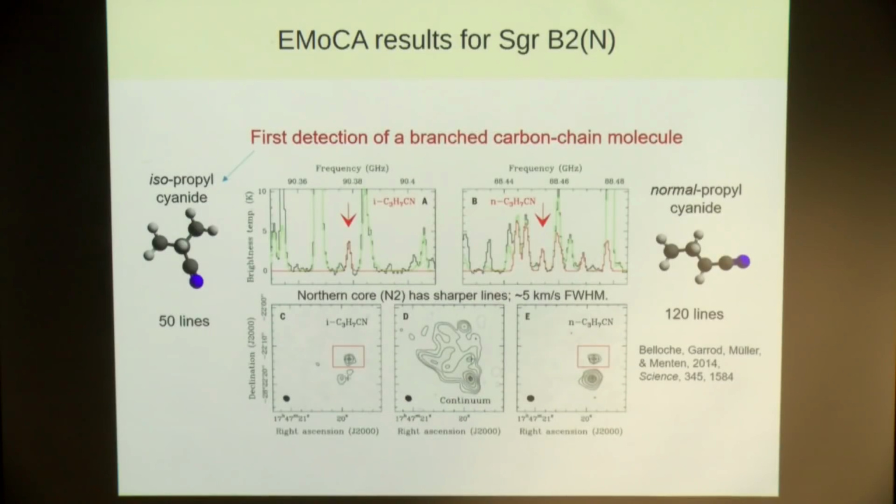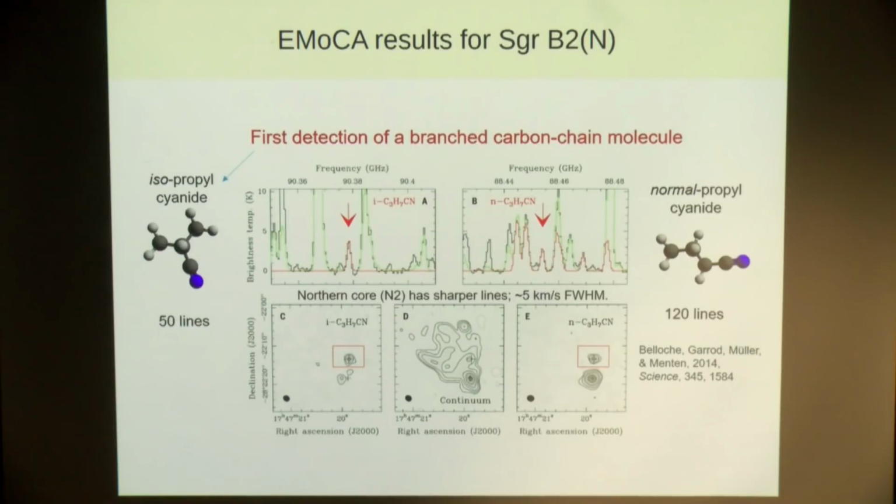Well, the big news was we found this thing, isopropyl cyanide. We'd already detected its sibling here, normal propyl cyanide. What was exciting about it, though, is that it's a different structure, and it's the first detection of a branched carbon chain molecule. The detection was pretty safe.